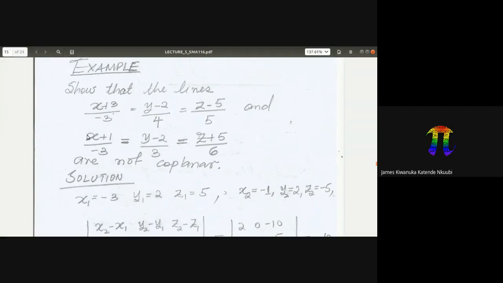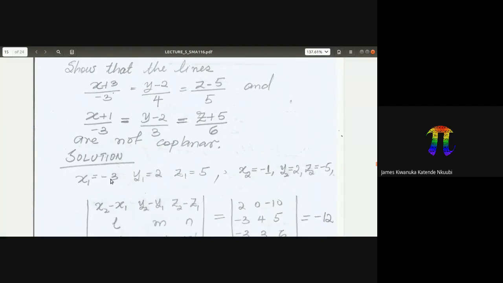So if you apply the ideas we had above, you need to pick 2 points, one on each line.